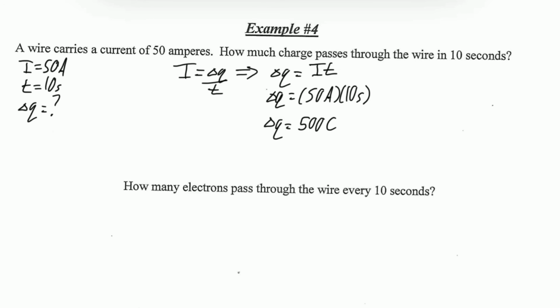Now, for the next question, it wants to know how many electrons pass through the wire every 10 seconds. So we'll have to convert our units from coulombs into elementary charges to find out how many electrons there are.